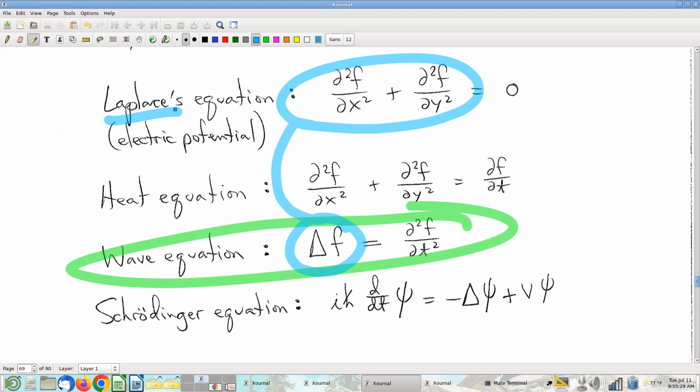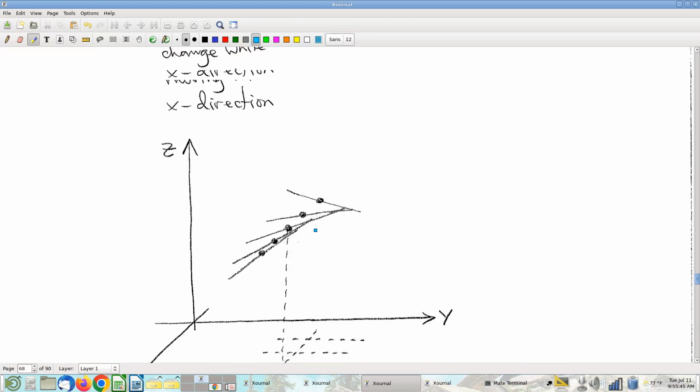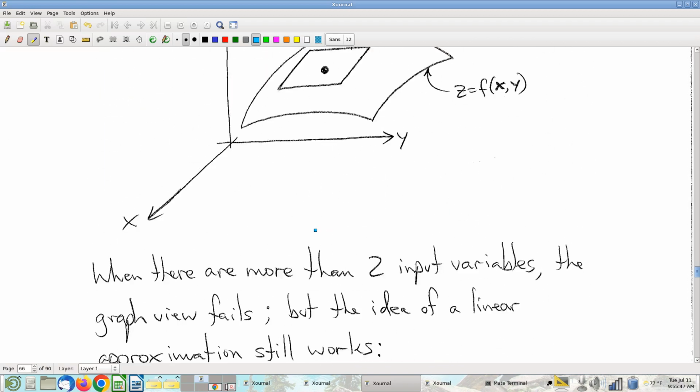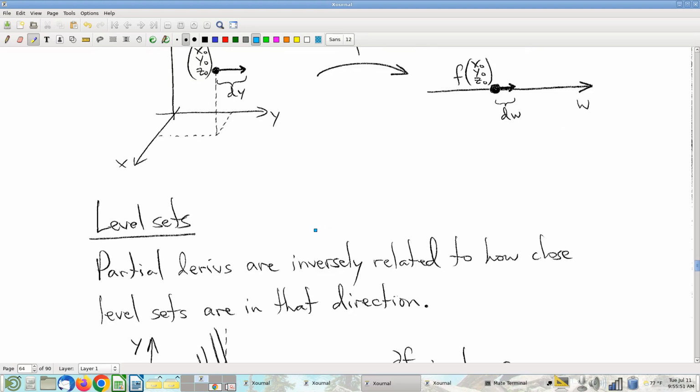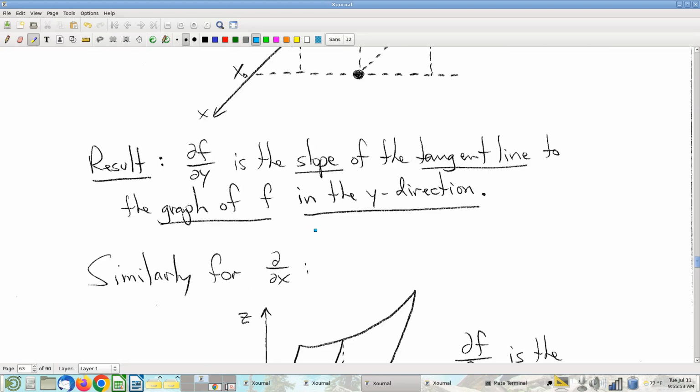Okay. Oh, and by the way, do be careful. The Laplacian is indicated by what really does look like a capital Greek letter delta, but it's what I'm going to call a right side up triangle. Don't conflate that with the gradient.